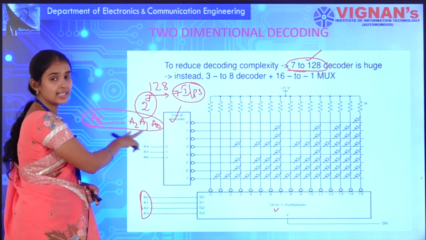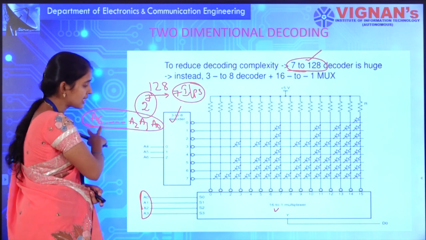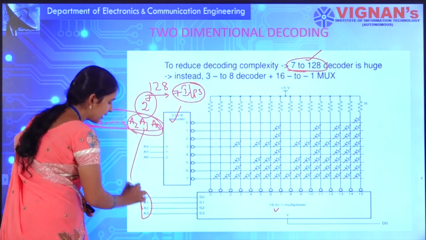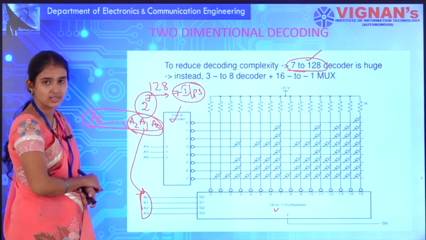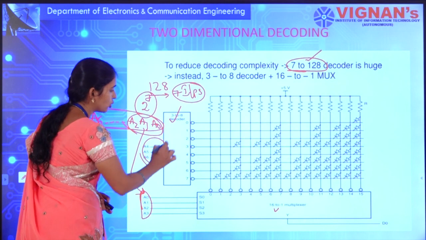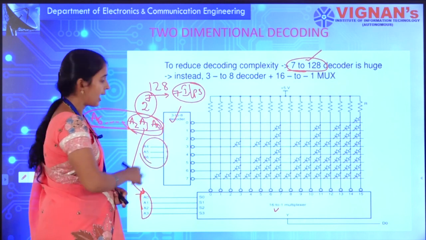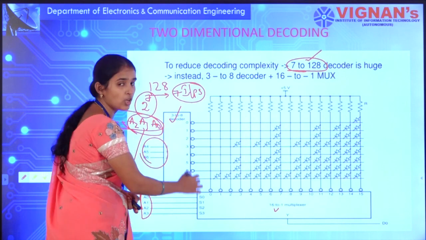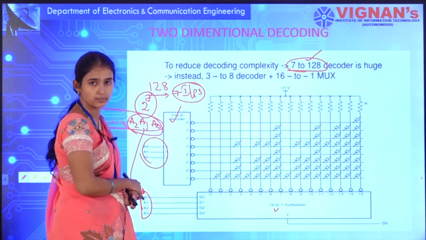These 7 inputs should be given. The lower order bits are given as selection lines to the multiplexer, and the higher order bits as input to the decoder. As it is a 3 to 8 decoder with 3 inputs, I will be getting 8 possible combinations of output.